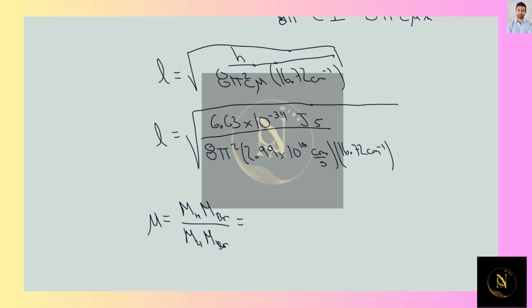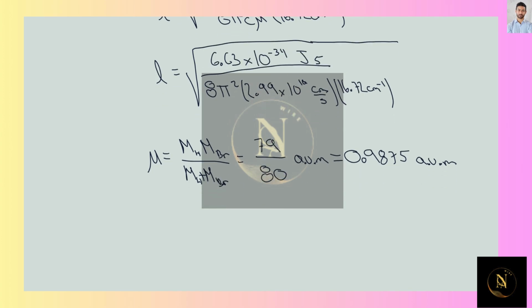In this case, this is going to be 79 divided by 80 atomic units of mass. So the result is 0.9875 atomic units of mass, or UMAs, depending on which country you're in.